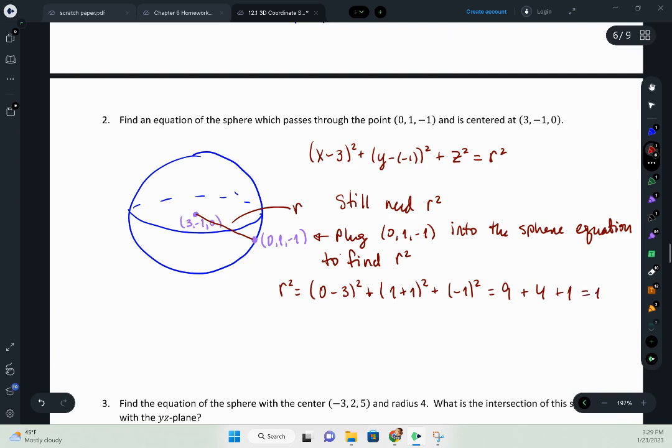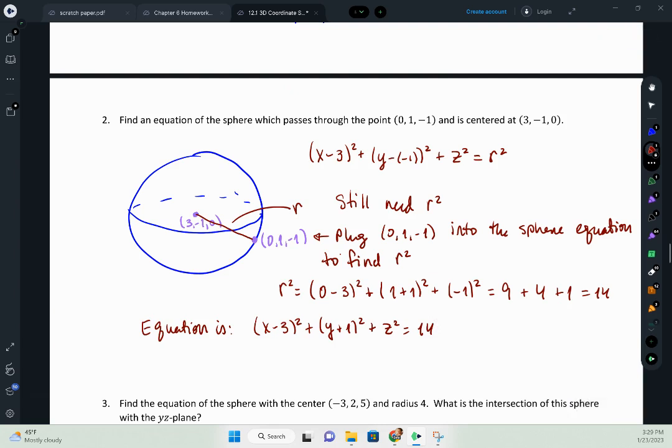This is giving me 14. Okay, that is the missing piece. That's my r squared. So the equation, that's what they're asking us for, is x minus 3 all squared plus y plus 1 all squared plus z squared is equal to 14.